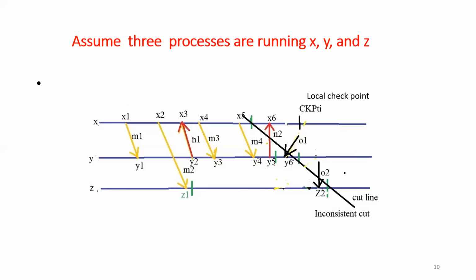Okay. And see the messages O1 and O2. O1 and O2 are orphan messages. O1 is received by the process Y, and O2 is received by the process Z, but the sources of the messages O1 and O2 are unknown.